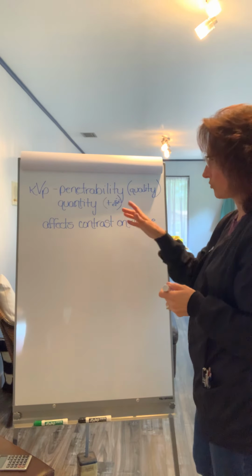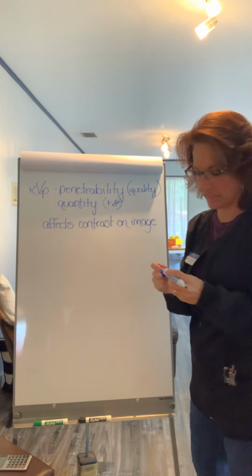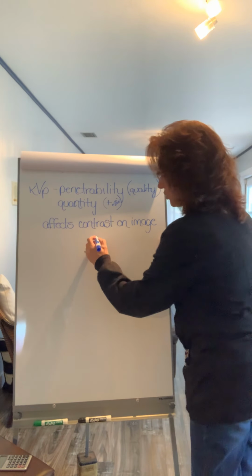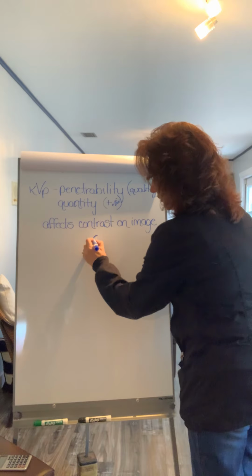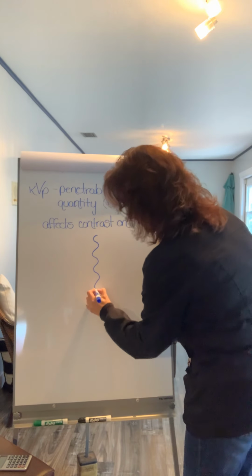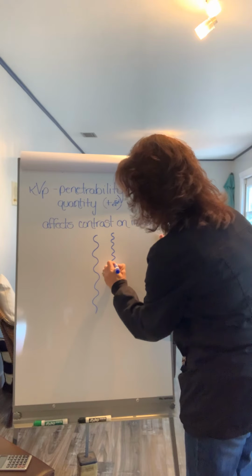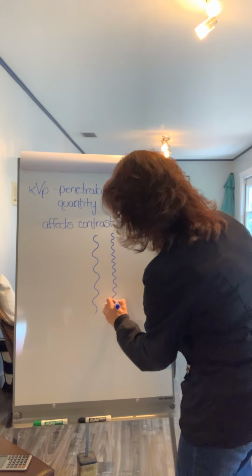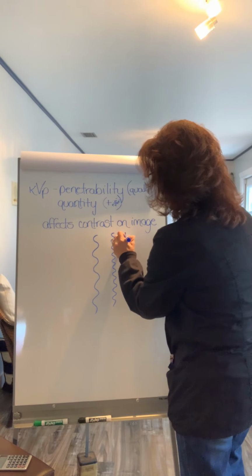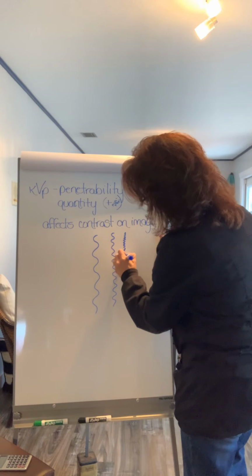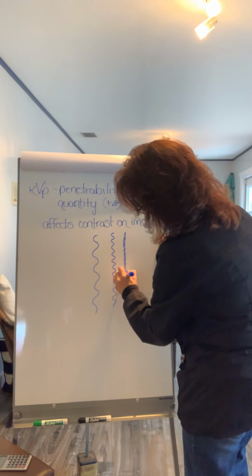Now, when we say it affects the penetrability, basically what you're determining is if you end up with a photon like this, or a photon like this, or a photon like this, which would be really, really penetrating.